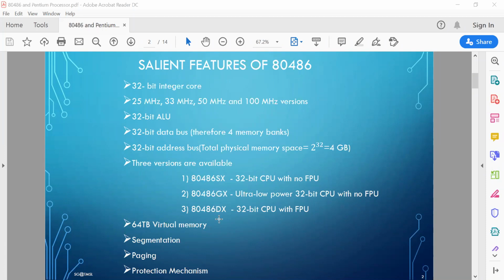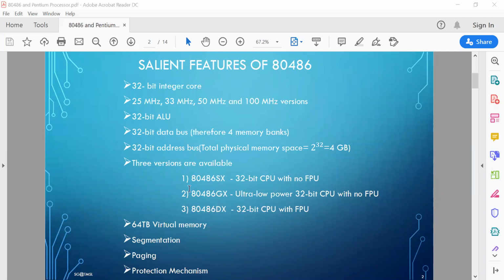Now, suppose you have a system which is 80286 or 386 based. Now you need to just upgrade a certain portion of your system. You don't need to interface a whole new system. You just upgrade the previous version which you have. So if someone needs to implement a new system, he or she can buy this 80486DX processor.